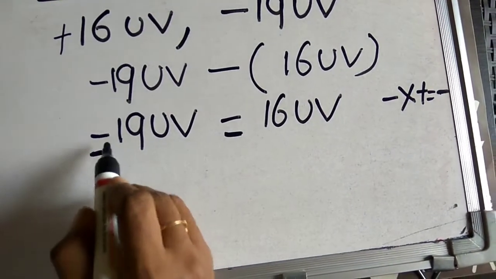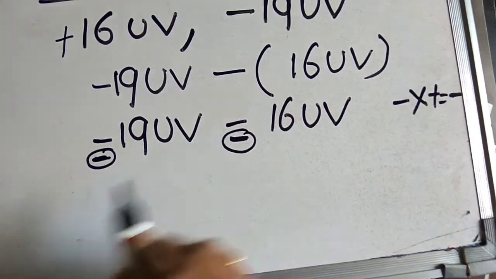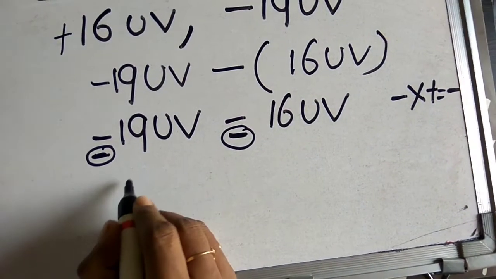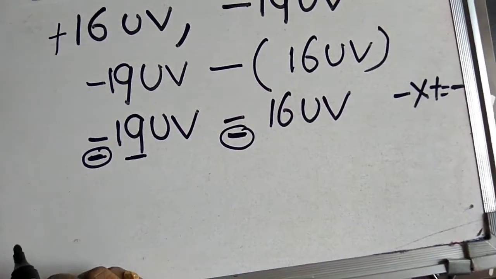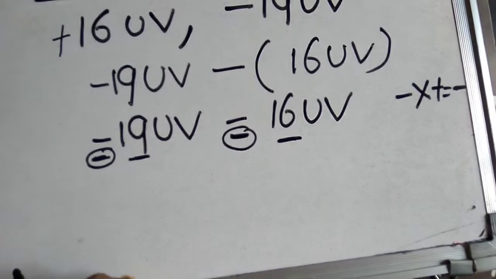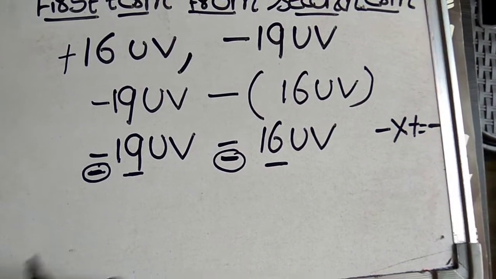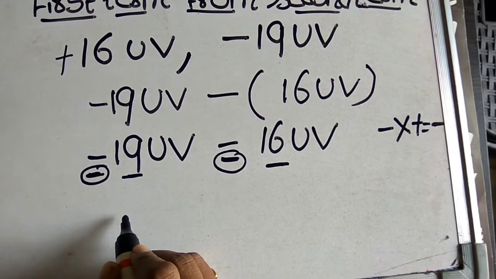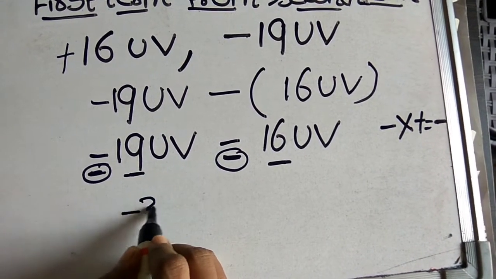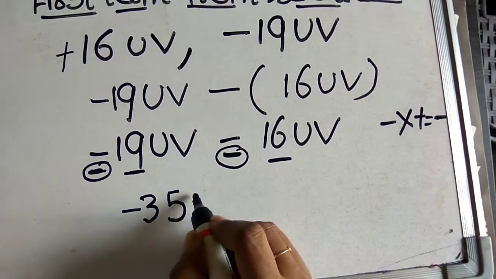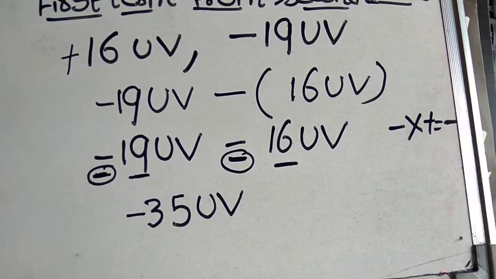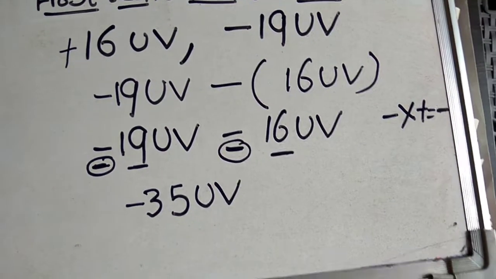Yes. So now see the symbols. Both the symbols are same for the terms. So whenever you have done your result, you get your sign as minus because both two terms are having same sign. So take minus and 35. When you add 19 and 16, you will get 35. So minus 35 UV is your answer.